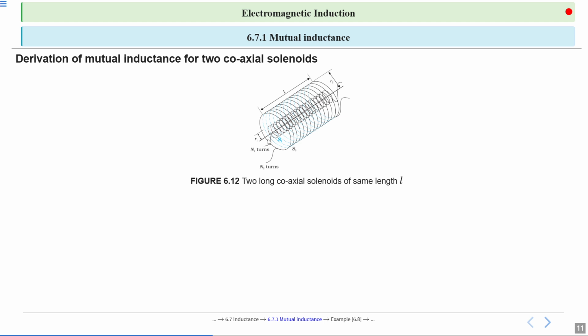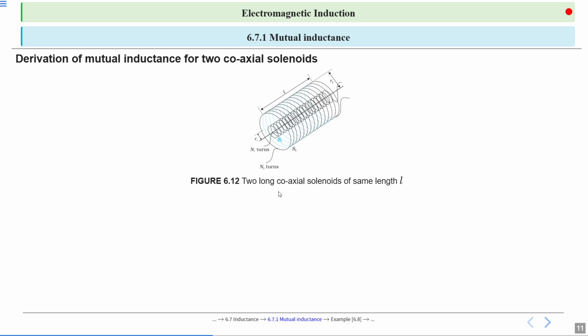The radius of the inner coil is R1, the radius of the outer coil is R2, and the length of both coils is L. There are N2 turns in the outer coil and N1 turns in the S1 coil.